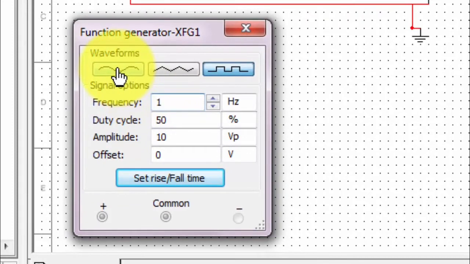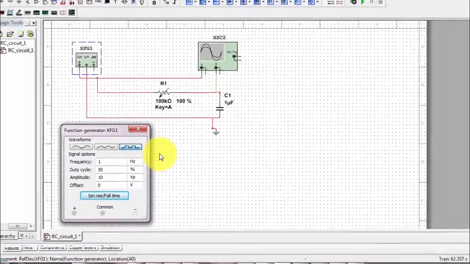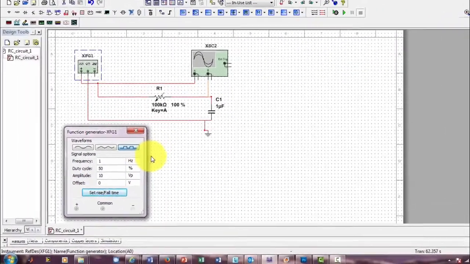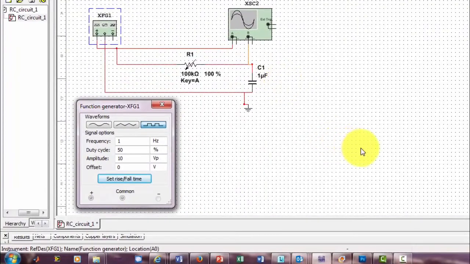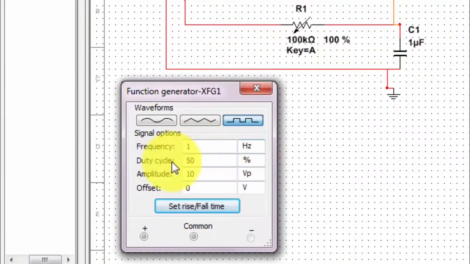You can choose a sine, a triangle, and a square wave. We're going to use a square wave to show that the capacitor is charged and then discharged. This has a frequency of 1 Hertz and a 50% duty cycle.